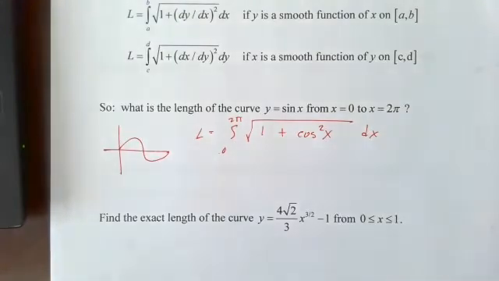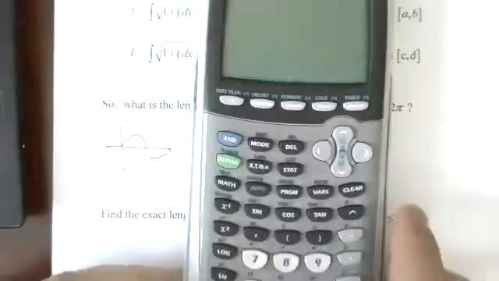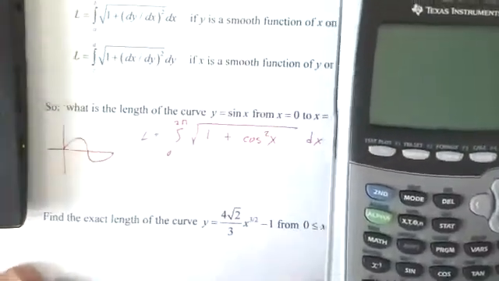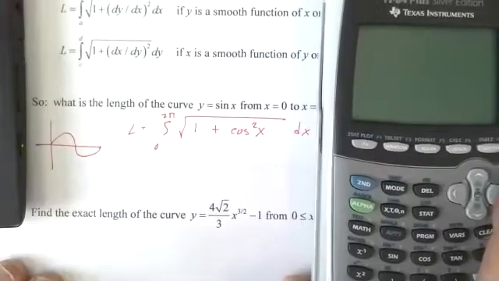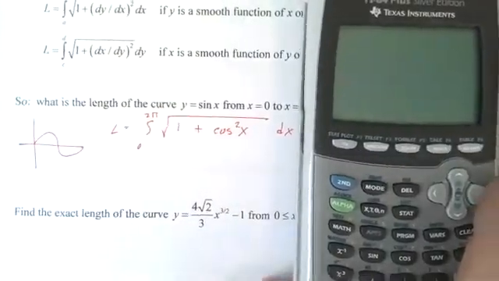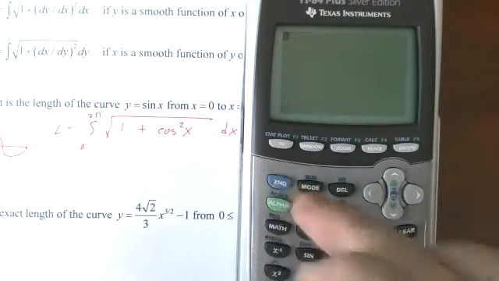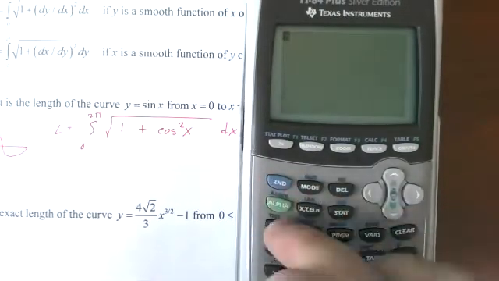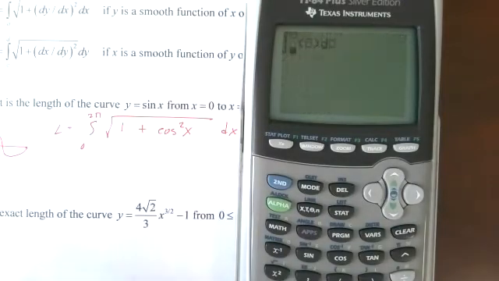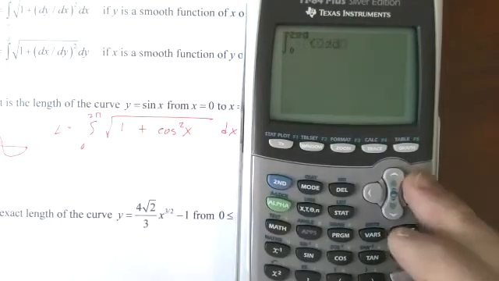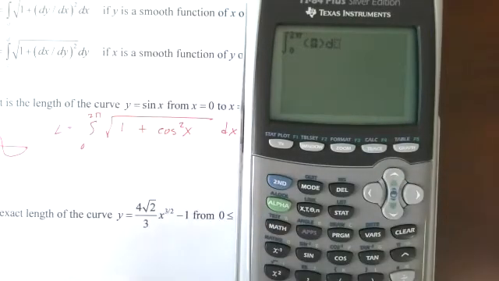Well, this is where I use a calculator. So let's put it up there. Math 9, from 0 to 2 pi, the square root of 1 plus dy/dx, in this case cosine.